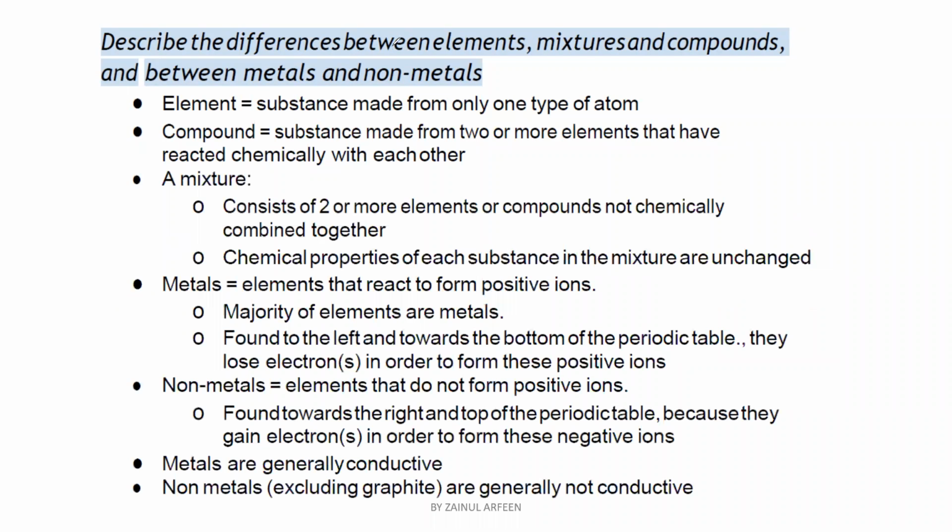So the second definition is for compound, a substance made from two or more elements that have chemically reacted or joined. And what about the mixture? The mixture consists of two or more elements or compounds not chemically joined together, and the chemical properties of each substance are unchanged.